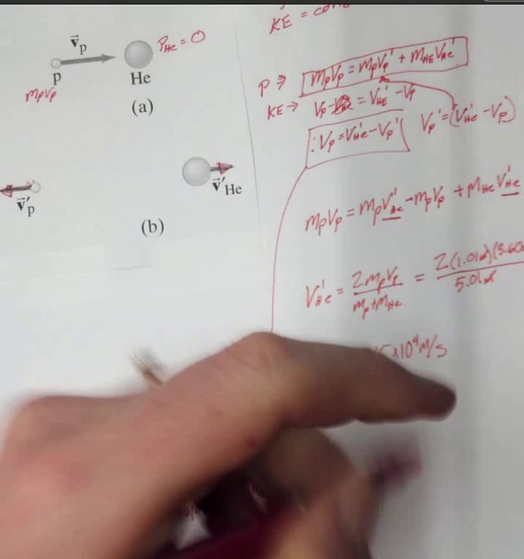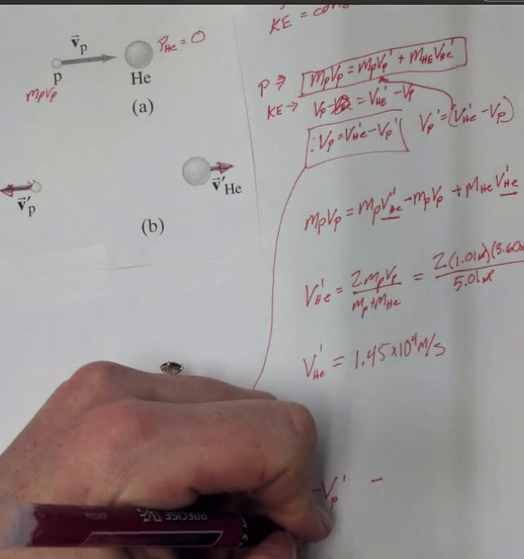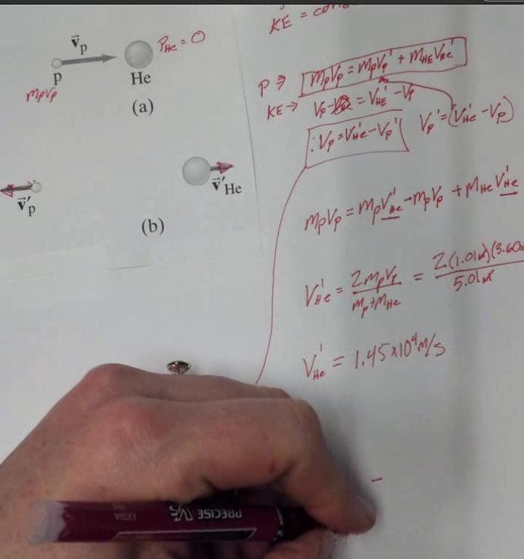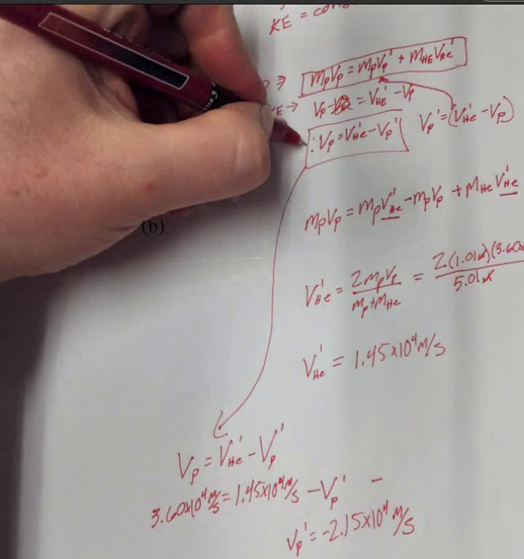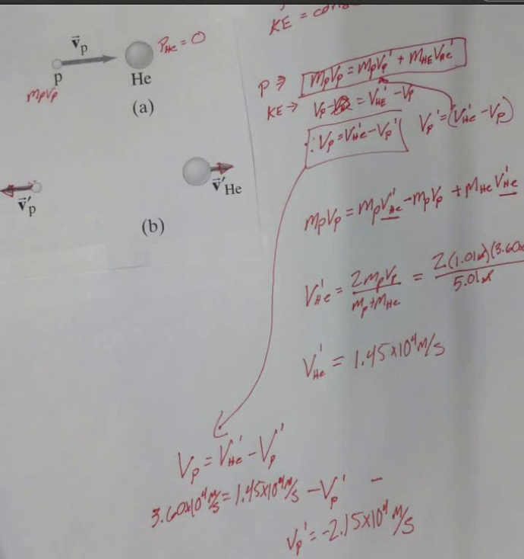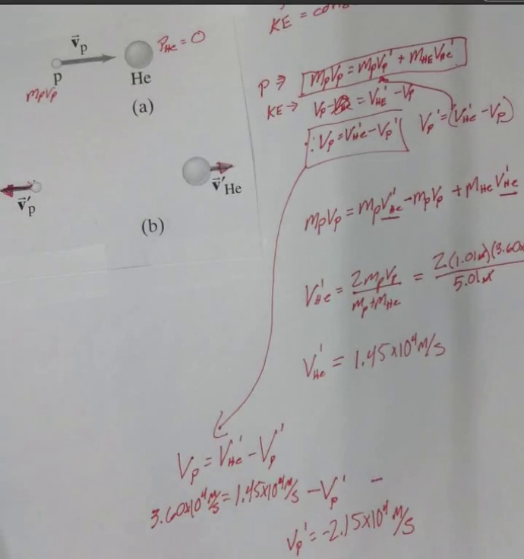I solve there, and I end up getting that Vp' is going to equal negative 2.15 times 10 to the 4th meters per second. So you can see this is a really convenient equation to know for kinetic energy because it makes it very simple to do substitutions. The minus sign that we solved for the final velocity of the proton tells us that the proton did in fact reverse its direction like we intuited before. So we use the calculation to confirm our direction.